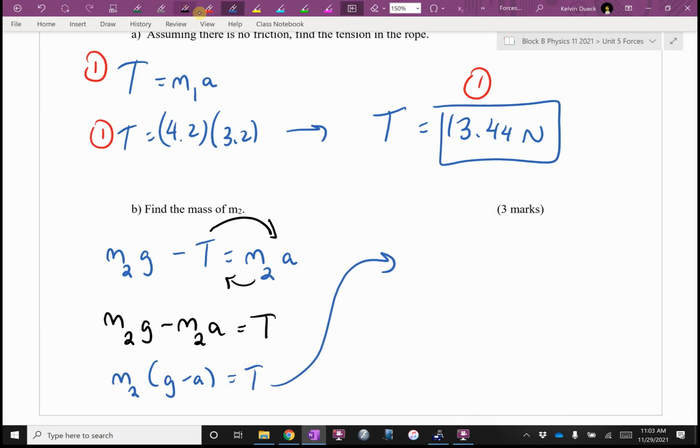I guess that means that M2, because that's what I want to get by itself, ends up being tension divided by the bracket, because the bracket is multiplying.